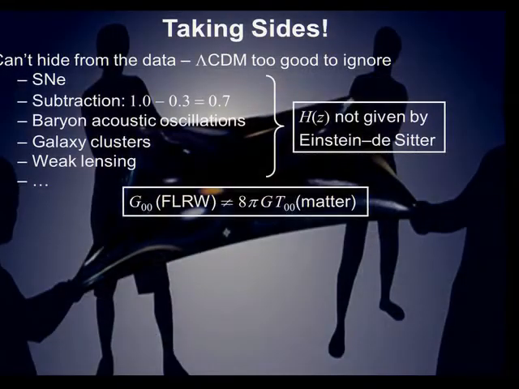So we don't know an equation that works, but we know an equation that doesn't work. We know that Einstein's equations, G00 is 8 pi G T00, where the Einstein tensor is calculated in a homogeneous isotropic model, the Friedmann-Lemaitre-Robertson-Walker model, is not equal to 8 pi G T00 where the stress energy tensor is just matter. We know that this doesn't work.